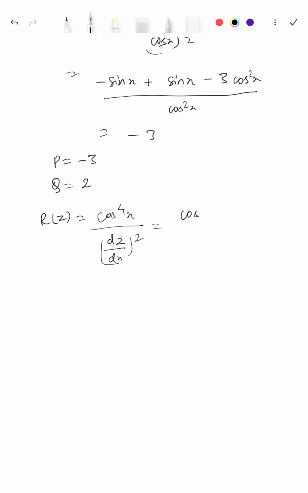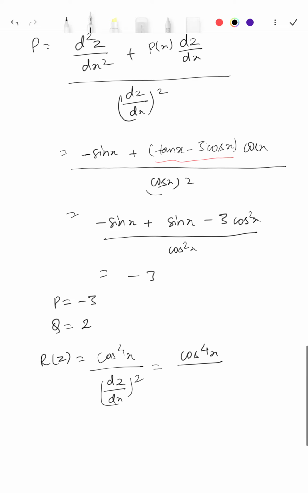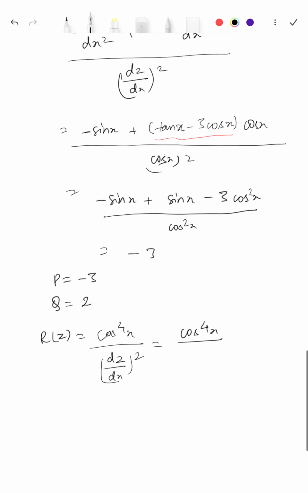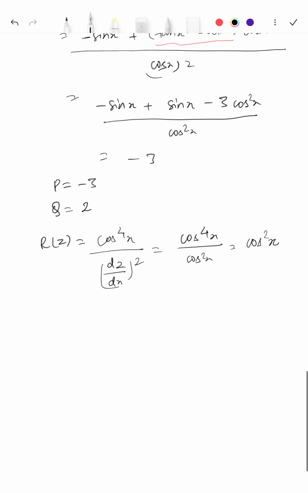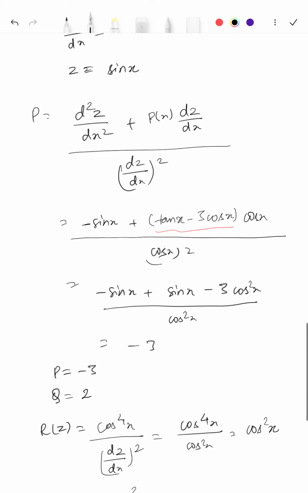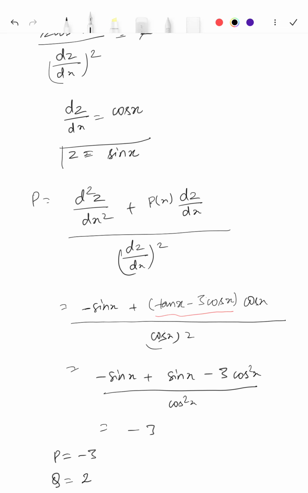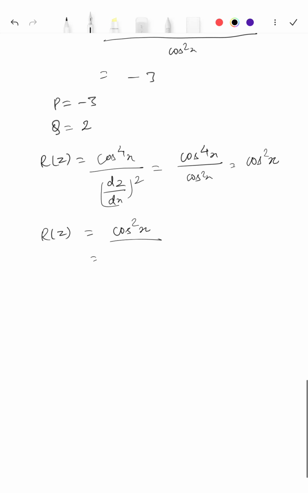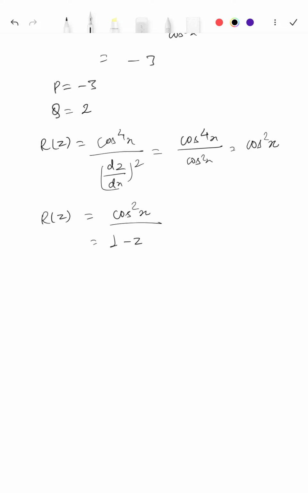That is cos to the power 4x by (dz by dx) whole square becomes cos square x. That is cos square x, right? Now you look here, we need a function of z. Our r is a function of z, but we have it as a function of x. So to convert it to a function of z, we can use basic trigonometric laws. Our z is equals to sin x. So what cos square x would be? It would be basically 1 minus z square.